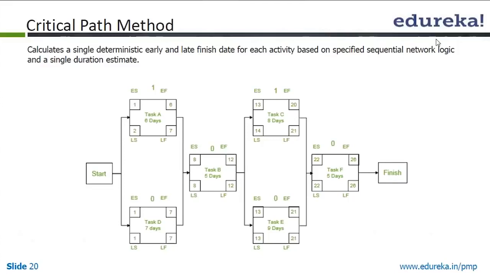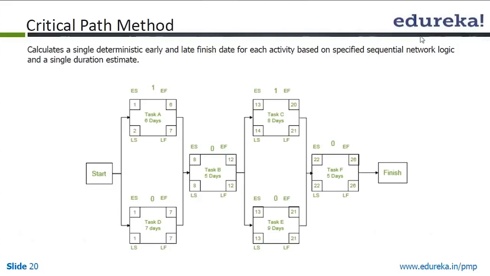What I have also said is that when you come to these kinds of PDM or AON diagrams, please first copy that diagram onto your rough sheet, because you will not be able to get back to this diagram when you move forward from the current question to the next one, which will be based on the same diagram. There will be around 4 to 5 questions on the same diagram, but in the subsequent questions you will not find the diagram. It is there only on the first question.